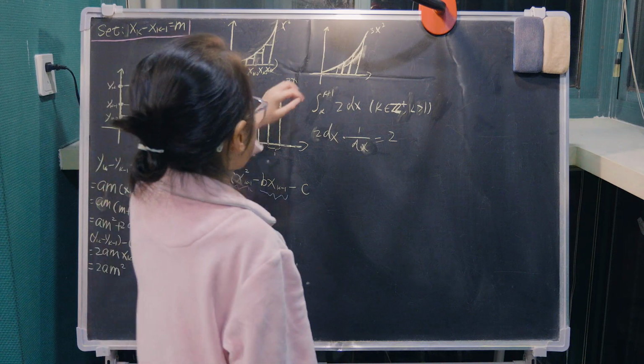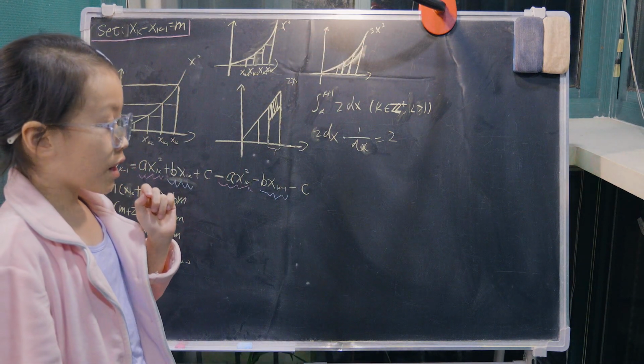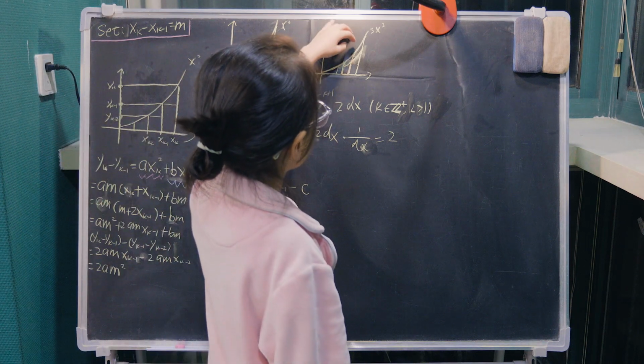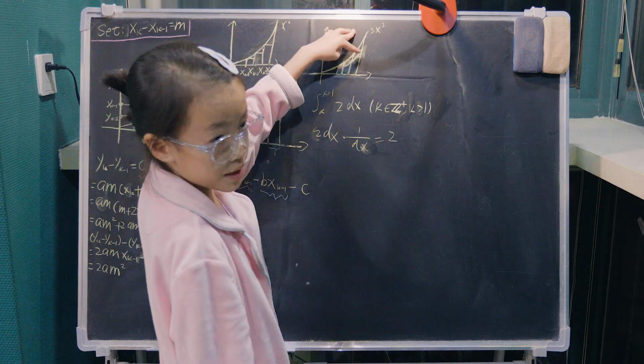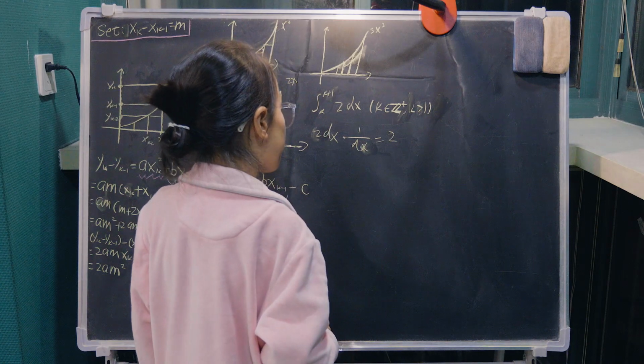Actually these areas are an arithmetic progression. We need to prove this, so we need to prove this part minus this part is constant. Okay, very good.